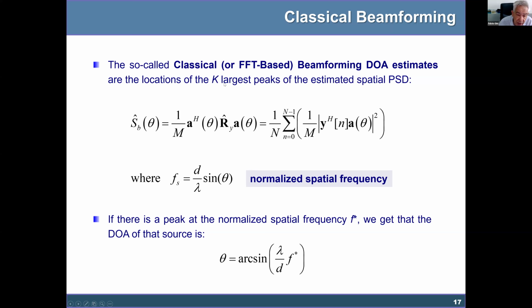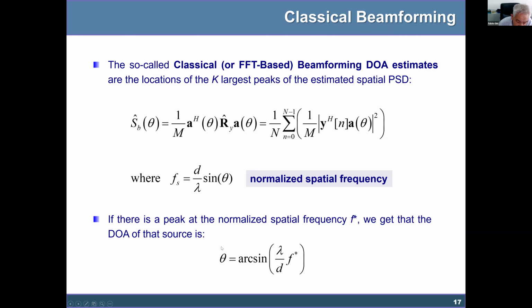So from the location of the K largest peaks, we get the normalized spatial frequencies, and then by inverting this relationship, we get an estimate of the direction of arrival of the sources, of the K sources.